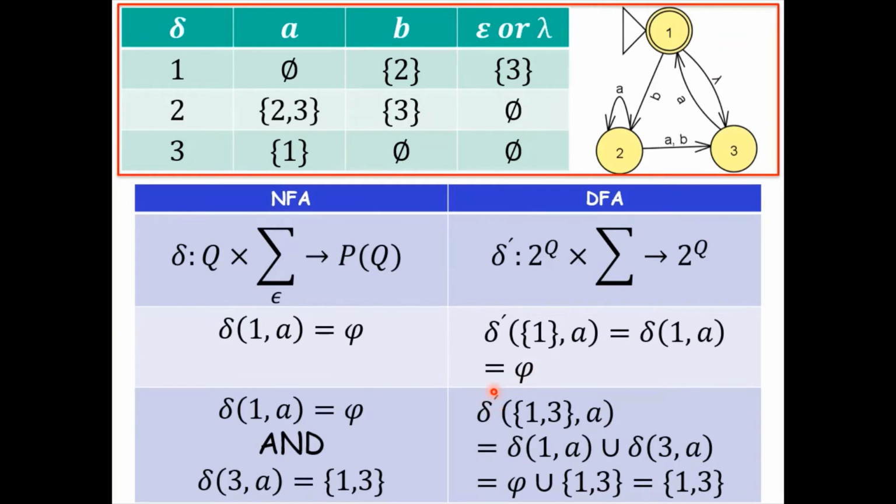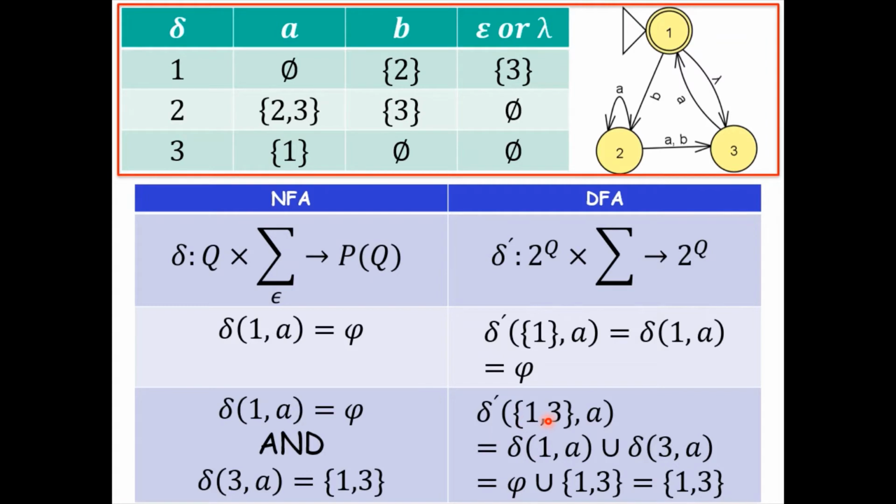Now about how we will satisfy the transitions for the state which comprises multiple states of the NFA. Here, for example, in our DFA we have a state 1, 3. Now we will see how we are going to satisfy the transition for the input letter A at this state.